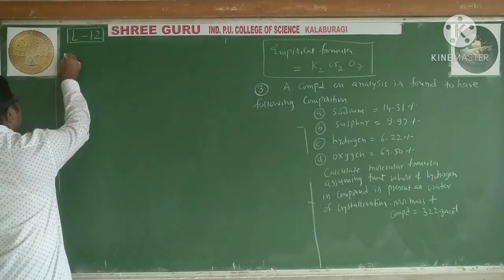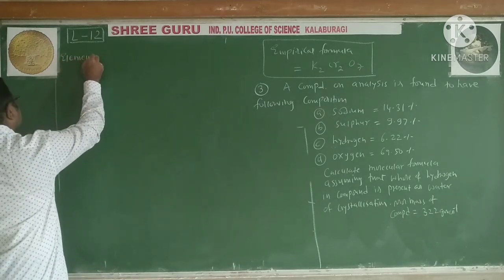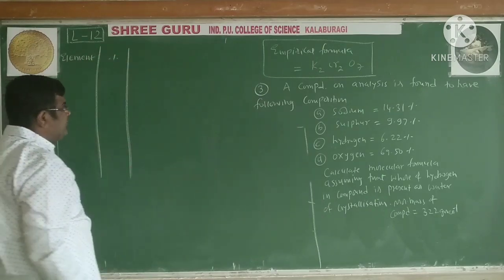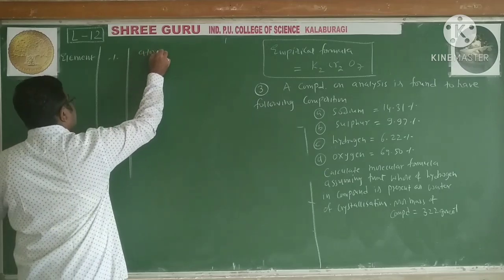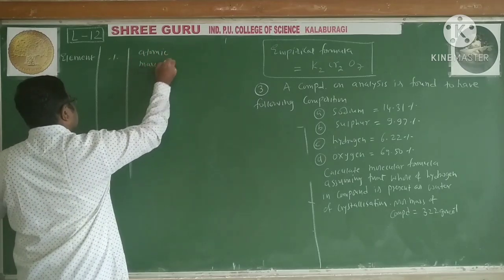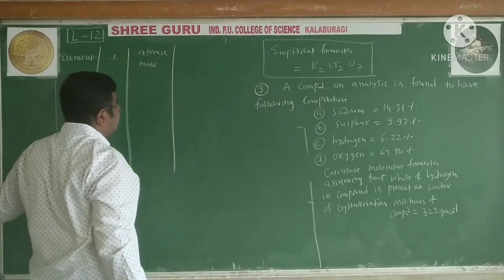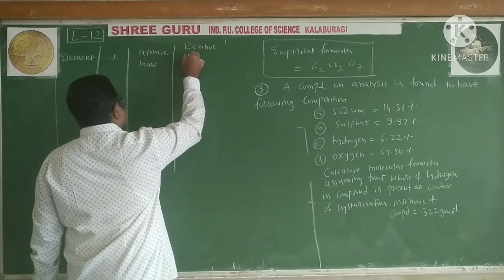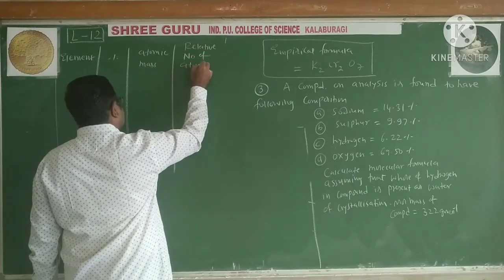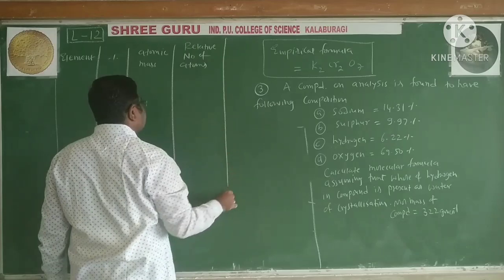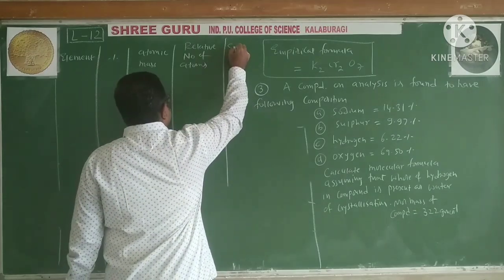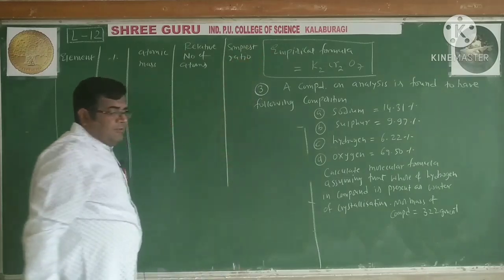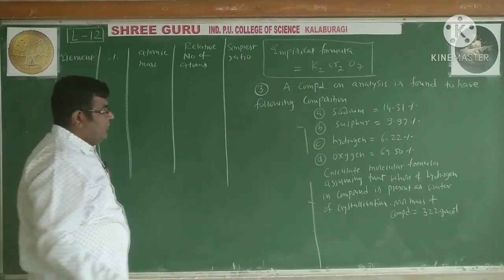So the first column will be element, next is percentage, then comes atomic mass, then comes relative number of atoms, then comes simplest ratio, and one more is there.